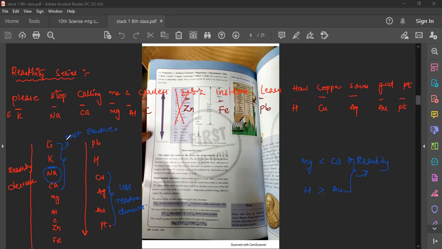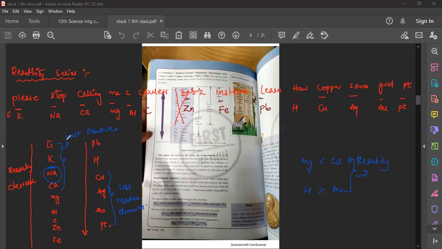Any doubts? No, sir. Sir, so the less reactive metal will form electronegative? No, metals will not form the electronegative at all, because metals always have the tendency to lose the electron only, right?